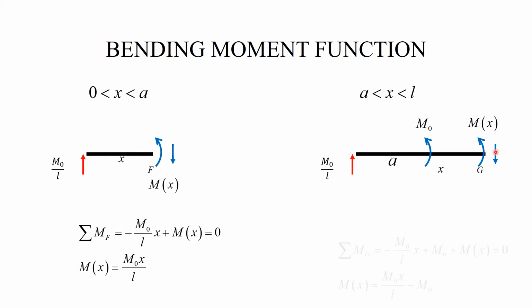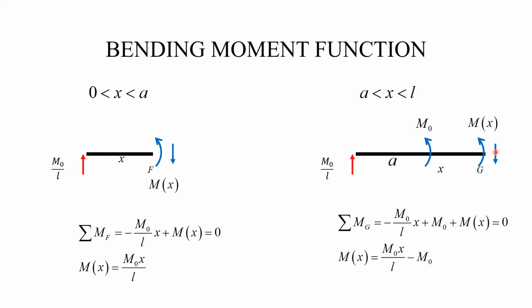And now we write down the sum of the moments about G, and we obtain the following equation. For the answer for M of X, I want to point out that I did not write down the sum of the forces in Y. The reason for that is quite simple. All I need is M of X, right? I don't need V of X.